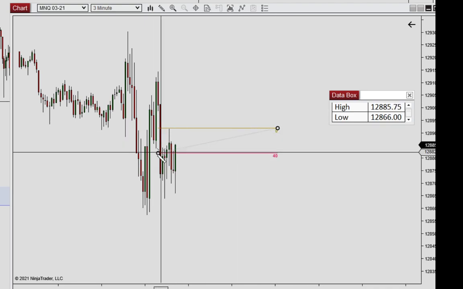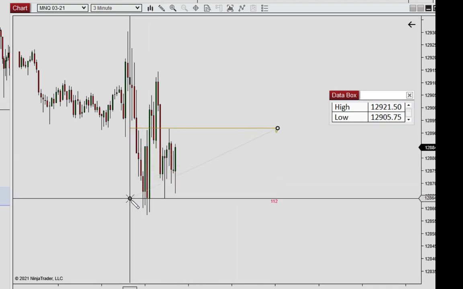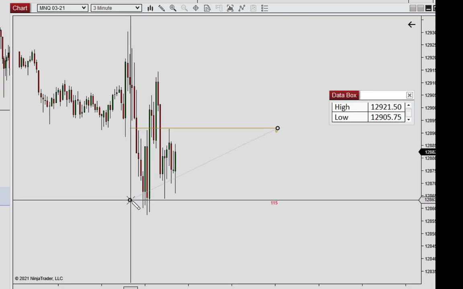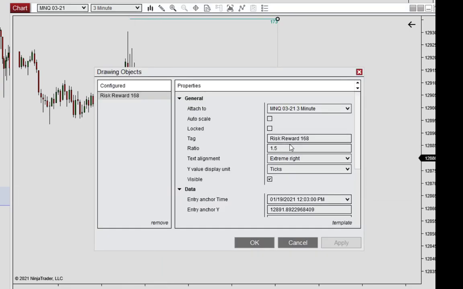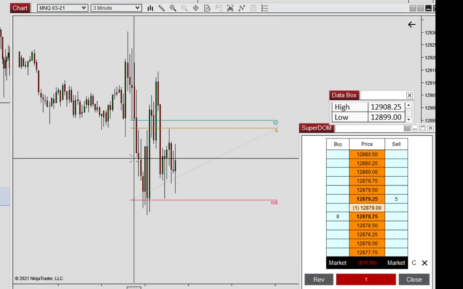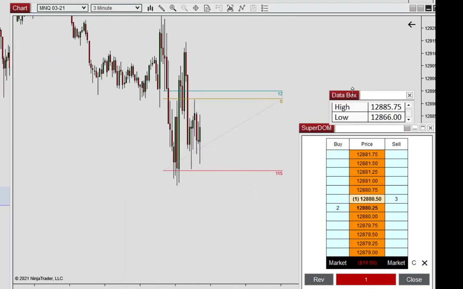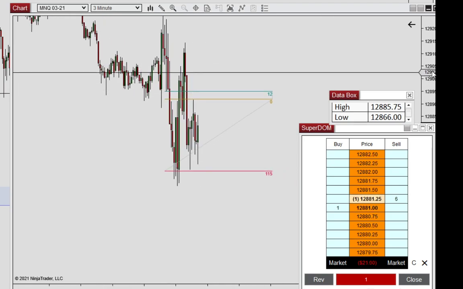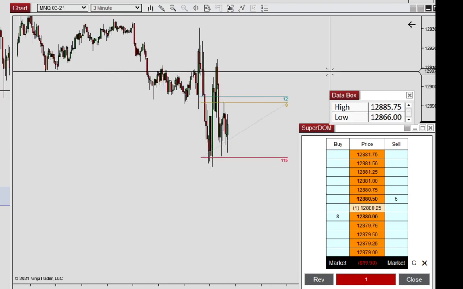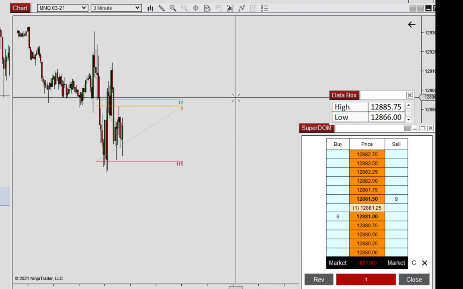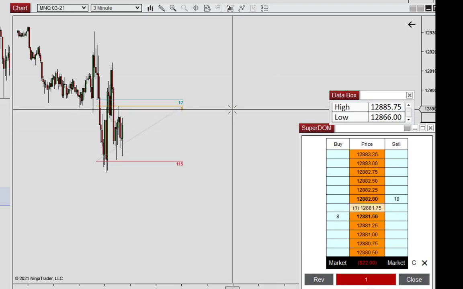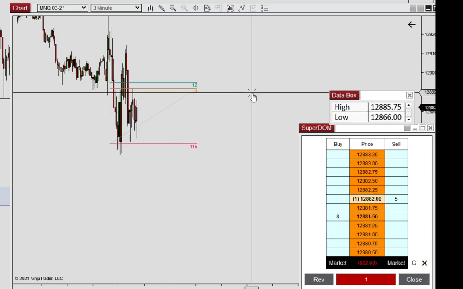If it breaks this high, 115, then we're going 10%. You literally have to catch a pivot in the wrong direction. As long as you don't catch a pivot in the wrong direction, I think you're going to hit your target every time.